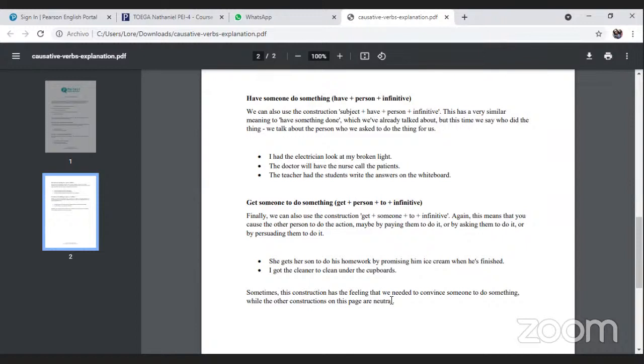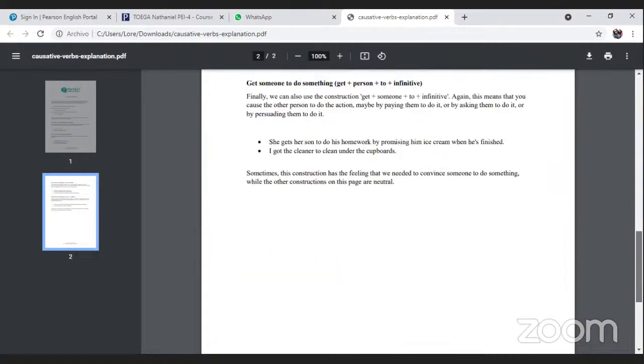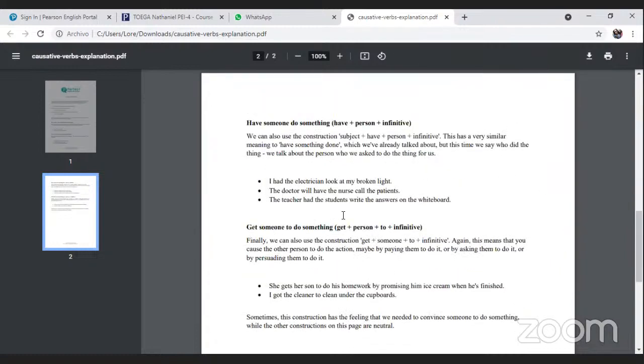Sometimes this construction has the feeling that we needed to convince someone to do something, while the other constructions on this page are neutral. So also in this part, you can mention the person, right? You have the structure with have, you can use this one in the tense that you want.